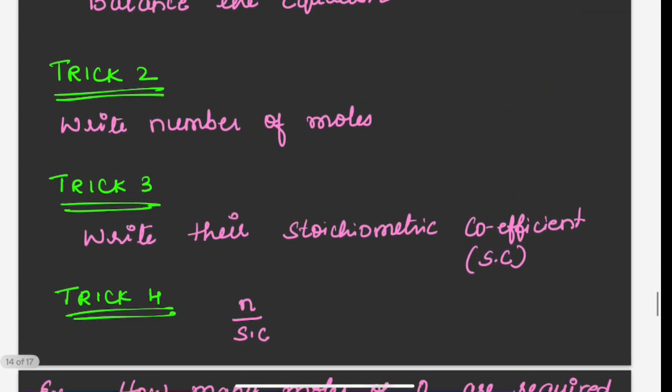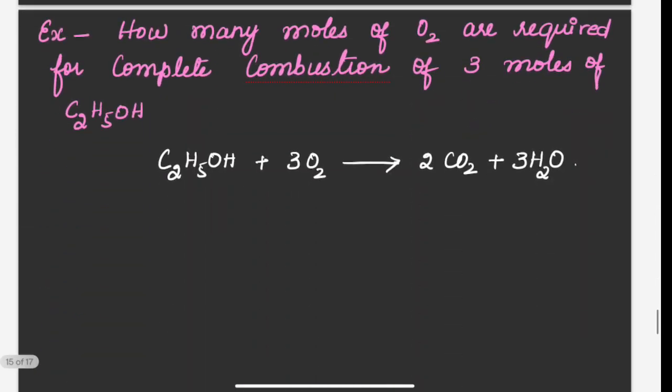What is the second trick? Write the number of moles. So we have to write the number of moles now. Read the question once. What is given? How many moles of oxygen are required for complete combustion of 3 moles of ethyl alcohol? So here we will write the number of moles.